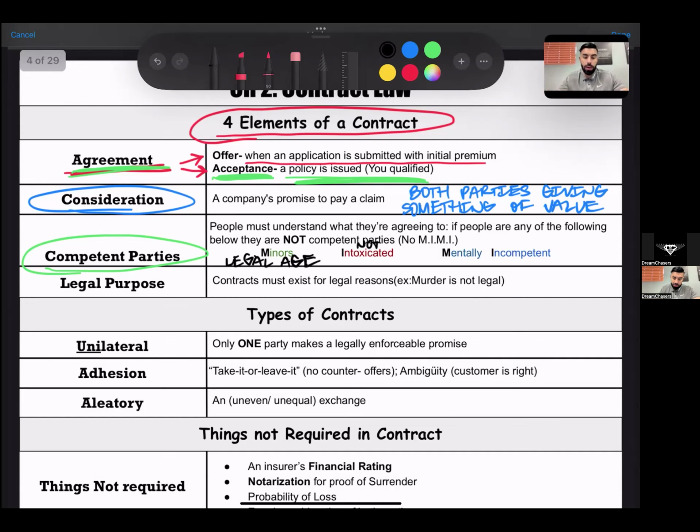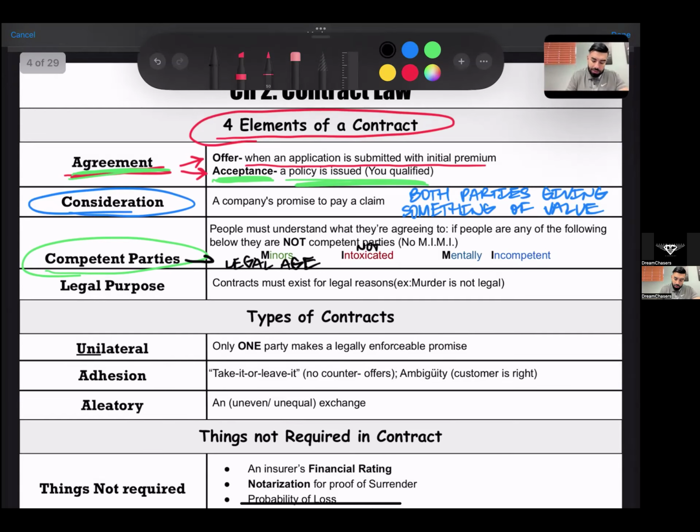So a competent party, once again, number one, must be of legal age, meaning they have to be 18 years or over. They cannot be intoxicated, so not under the use of alcohol or drugs, and they must be mentally competent to understand the contract, meaning they have to be able to understand everything that's taking place in that contract.